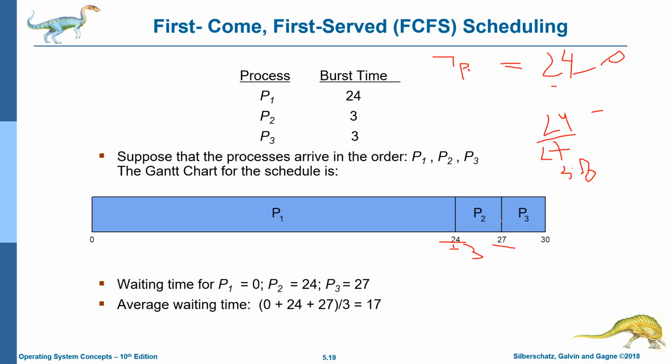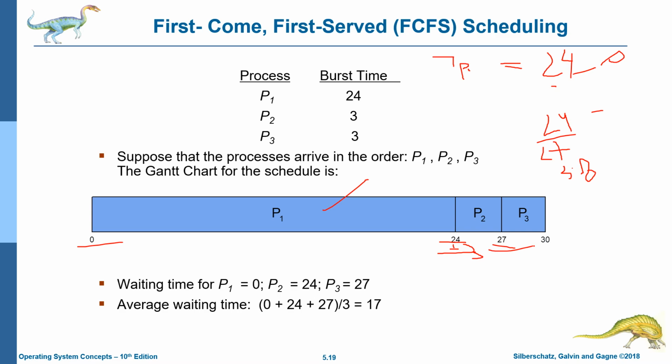That means P2 waits for 24 milliseconds. Also P3 completes at 30, so 30 minus 3 is 27. As you can see in the Gantt chart, P1 waits for 0 milliseconds, P2 waits for 24 milliseconds, and P3 waits for 27 milliseconds for the assignment of the CPU.